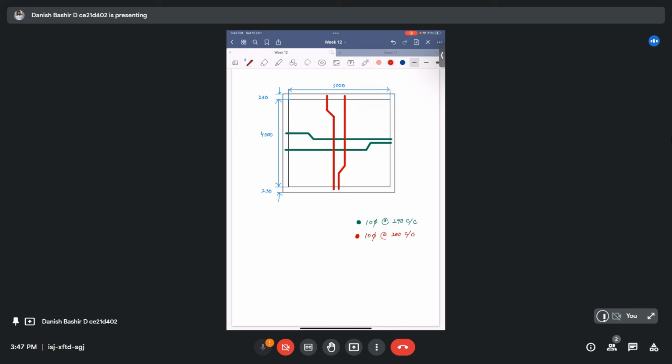This is along y, this is along x. Don't confuse it with the coordinate system, it's just a direction, okay? And what else? This is the plan of floor.